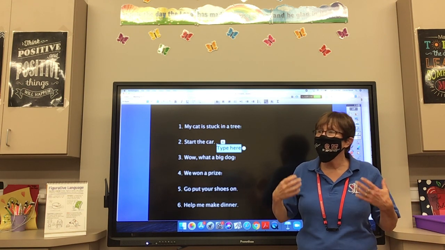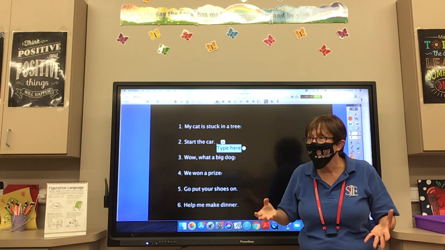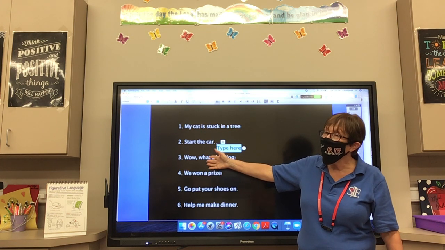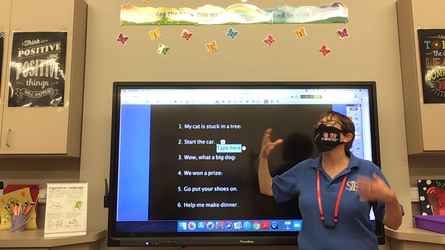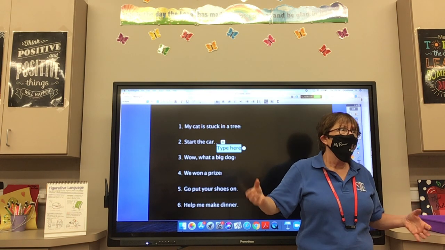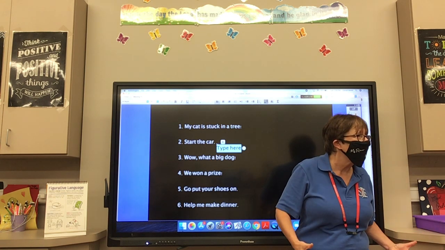So in that case, it's an exclamatory sentence. So not only is it a command, it's an exclamatory sentence. I'm telling you to do something, but I have an exclamation on the end of that sentence because I really want you to get out of the way before a piano falls on your head.